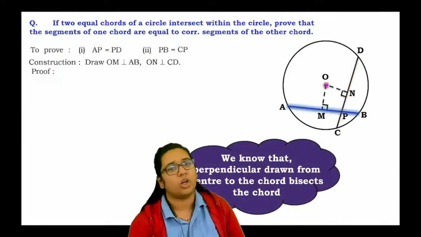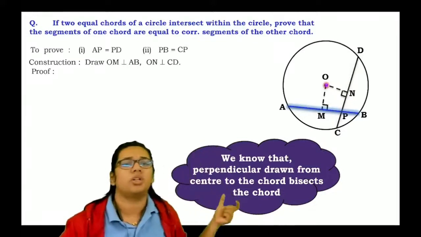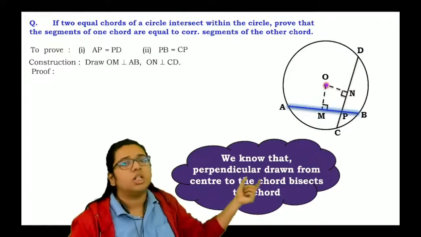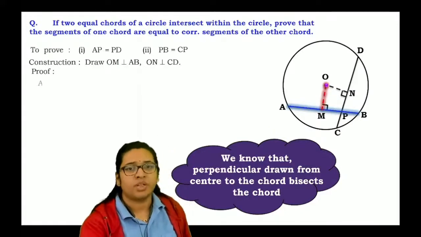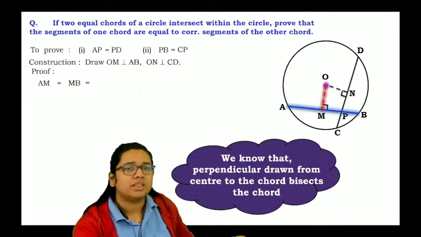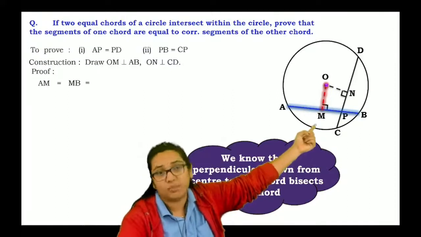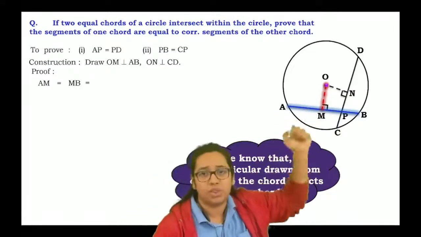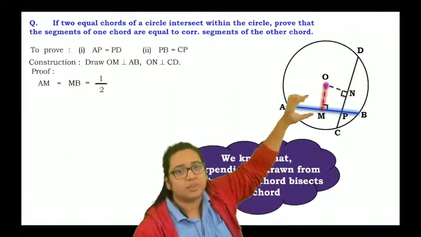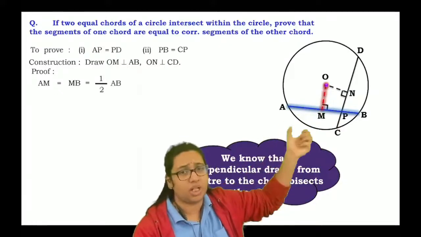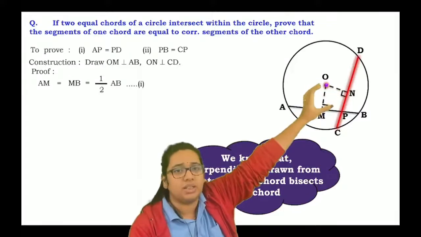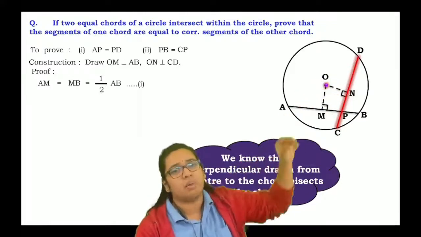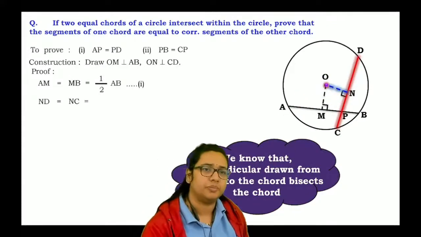So again, what do you know? A perpendicular drawn from the center to the chord bisects the chord, right? It means that because of this point M, we can say that AM equals MB, which is nothing but half of AB, and CN equals DN, which is nothing but half of CD.